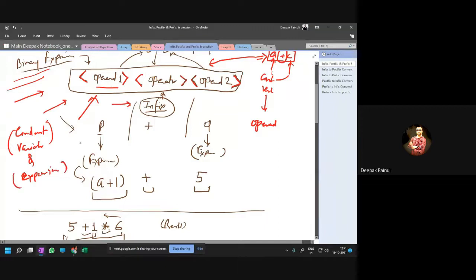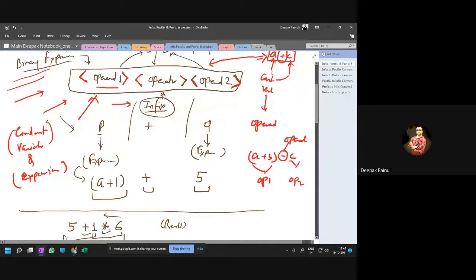What that means is, if I am saying a plus b minus c, then this will be recognized as op1, this as op2, and this will be identified as the operator, right?